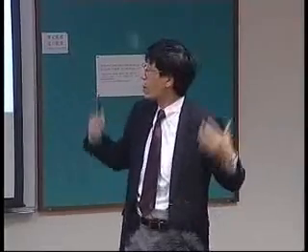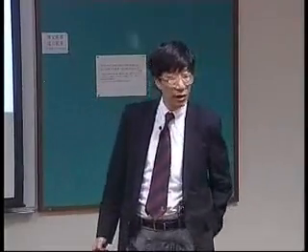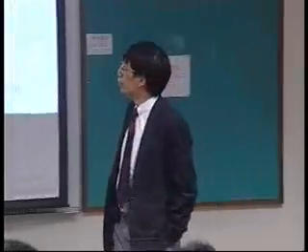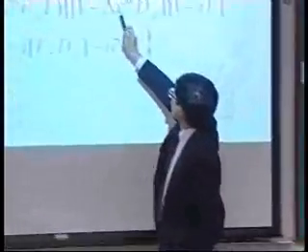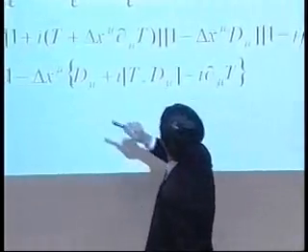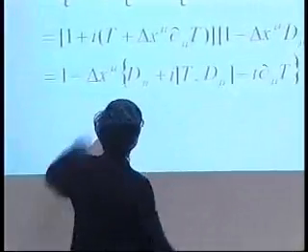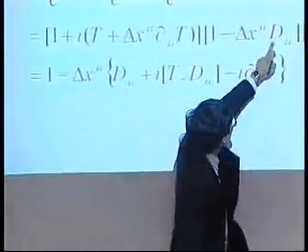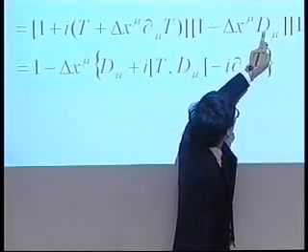Everything else now contains a delta x, which I pull out. So what do I have? With the delta x, there is a D. Then there is also a term which goes as T times D, and a term which is D times T. Okay?